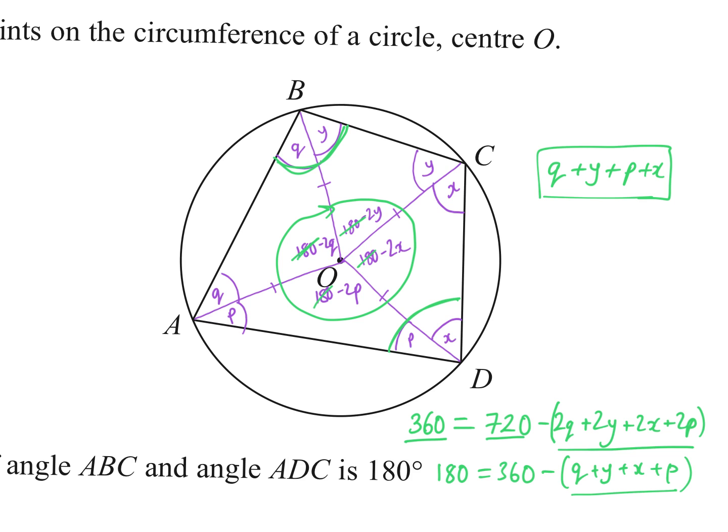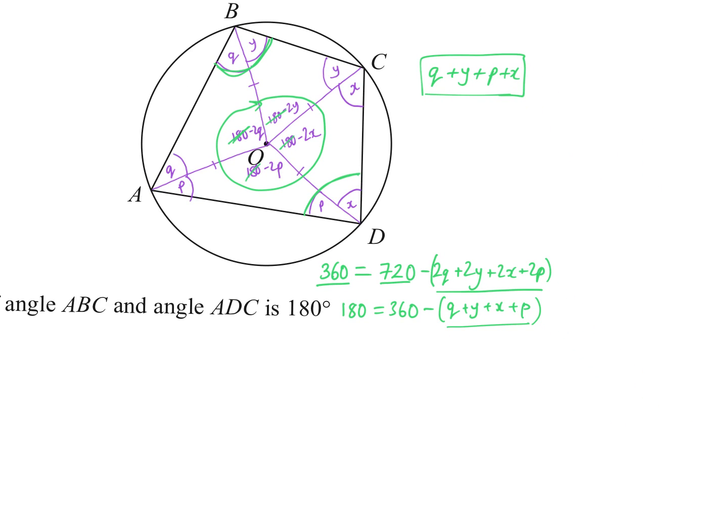And you can do a little bit of algebra here, doesn't take too long. If you times both sides by -1 and then add 360 to both sides, you get 180 is equal to q plus y plus x plus p.